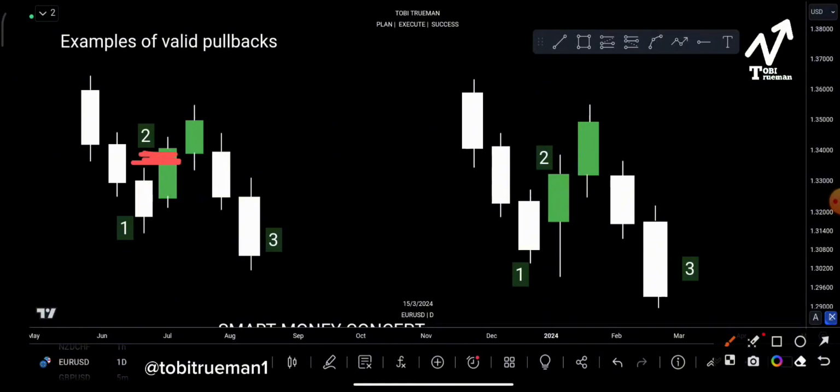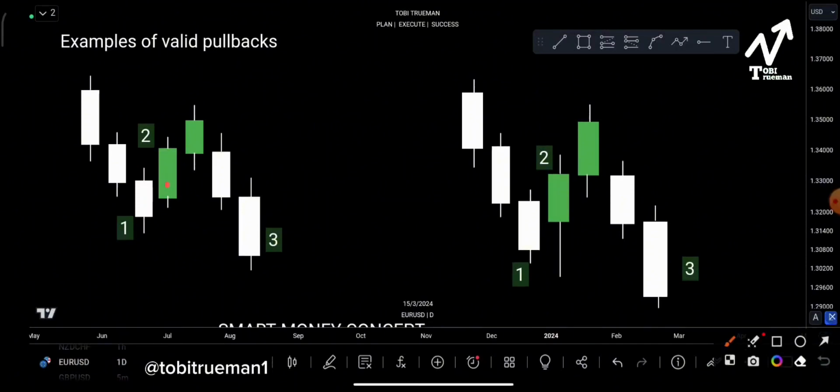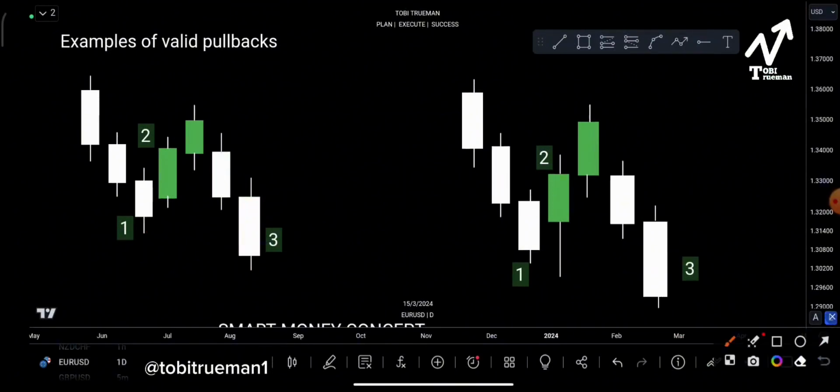So candle 2 takes out candle 1's high point. When candle 2 takes out candle 1's high point, price begins to make other candlesticks, and then we take note of candle 3. What can candle 3 do for us? We want candle 3 to break the low point of candle 1. Hope you get it. Let's repeat again.